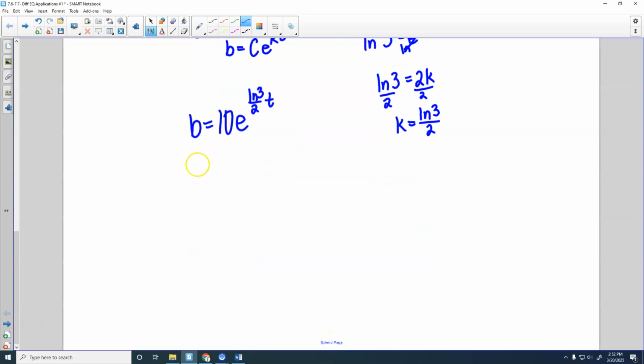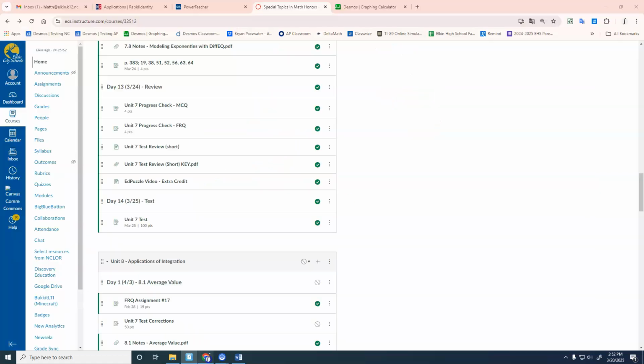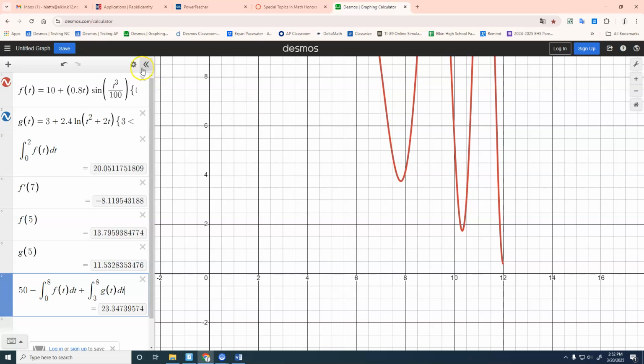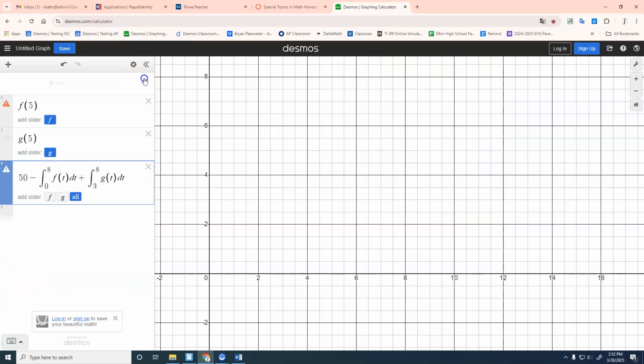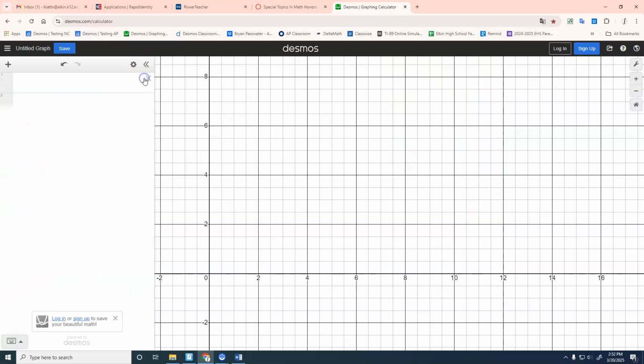Plug in 6 for t. So we got b equals 10 e to the natural log of 3 over 2 times 6. And this would be calculator active, where we could just type it in. So we got 10 e to the natural log of 3 over 2 times 6. And we get 270.